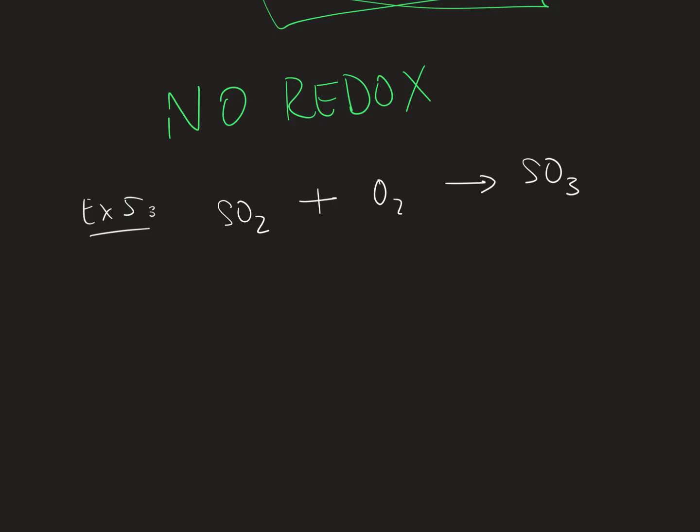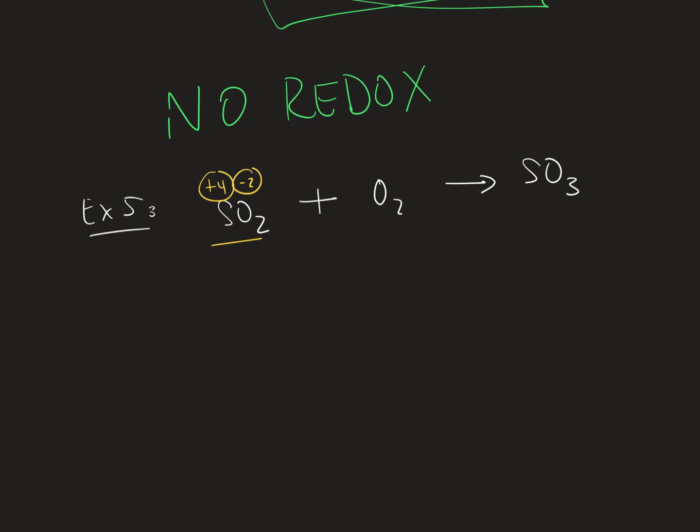Let's check. So SO2, which one do we deal with first? Sulfur or oxygen? Oxygen, because it's a covalent compound, right? So this is -2. There's 2 of them, that's -4 total. You with me? So what does sulfur's oxidation number have to be? +4.